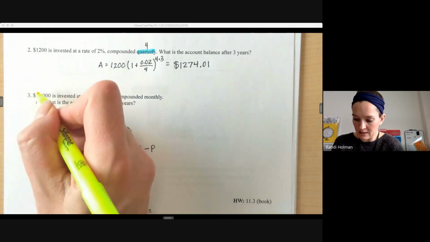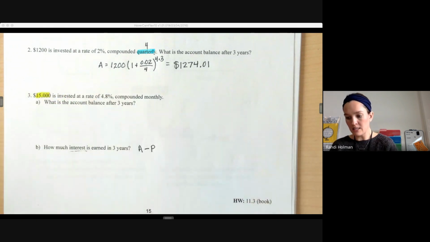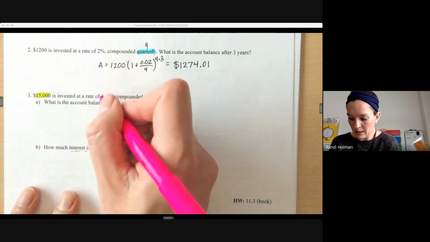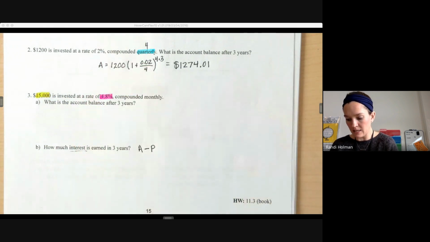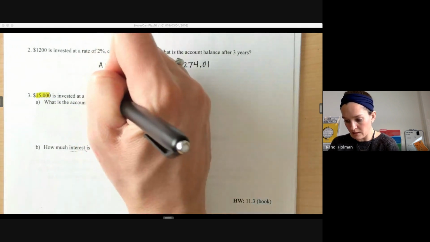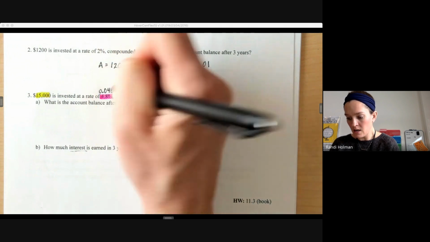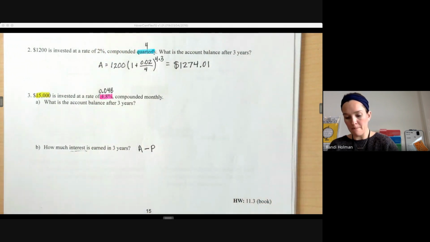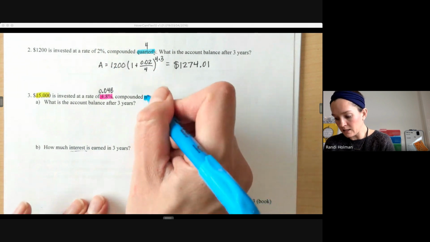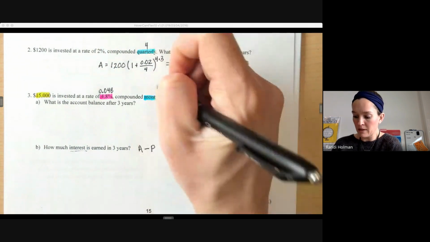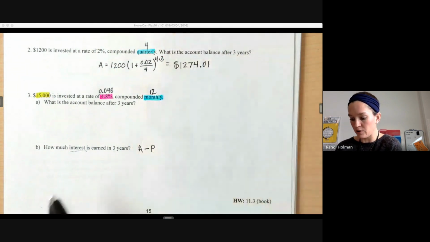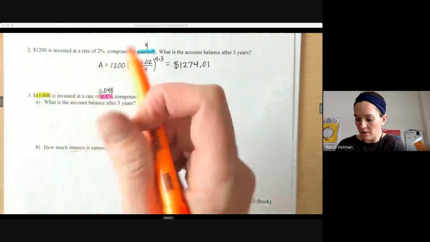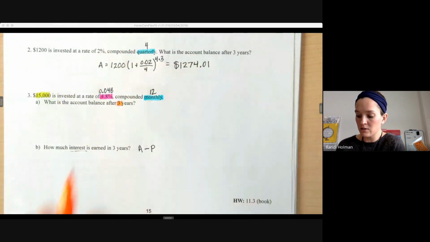We have $15,000. It's invested at a rate of 4.8%. Make sure you make that into a decimal, so 0.048. Compounded monthly, so that's telling us what our n is here. Monthly means 12 times per year. And we want to know what is the balance after 3 years.